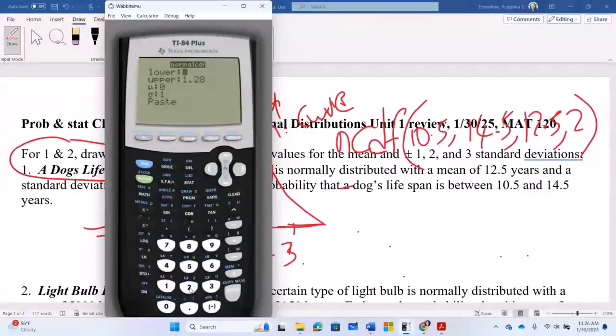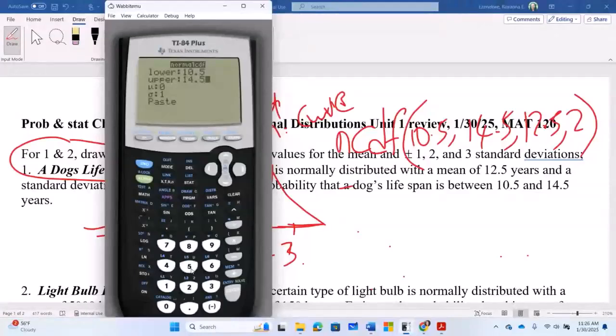One standard deviation below the mean is 10.5. The good thing about your calculator is that it doesn't matter if you're using a raw score or using a standardized score, it can still do it. That's why you must know how to use your calculator. So the lower bound is 10.5, one standard deviation below the mean.